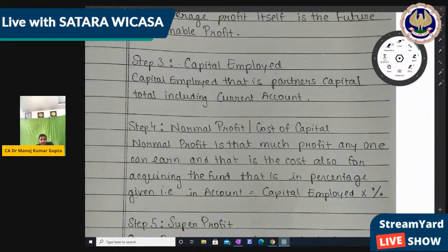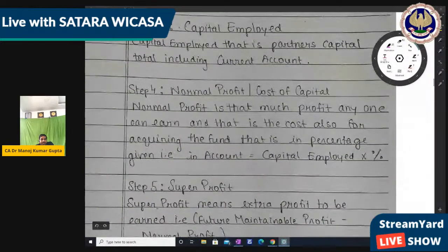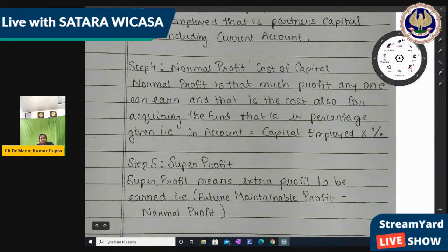Normal profit is that much profit anyone can earn, and that is the cost also for acquiring the funds, right? That is, the given n percentage multiplied by capital employed, that is the normal profit, which is the cost of capital or opportunity cost, right?